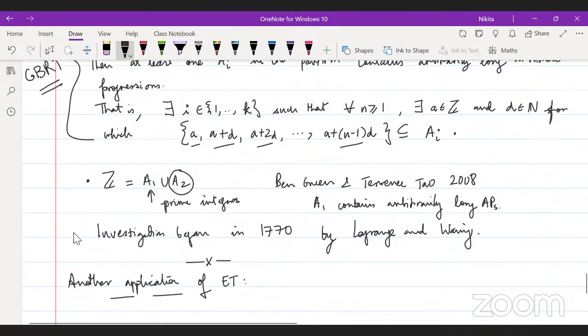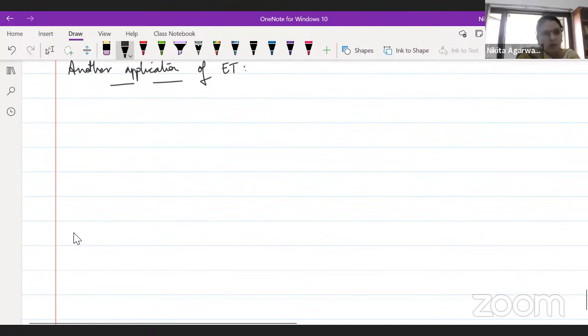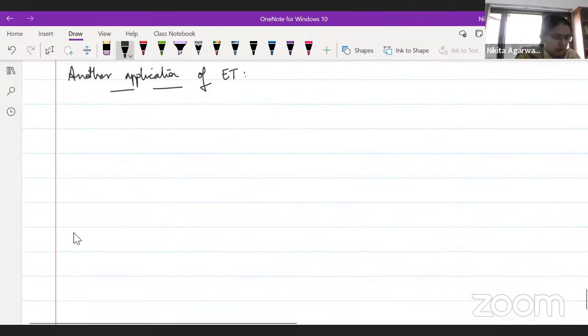Okay, so, thank you. Let me now come to another application, which is on quadratic forms. Let me explain what a quadratic map is.